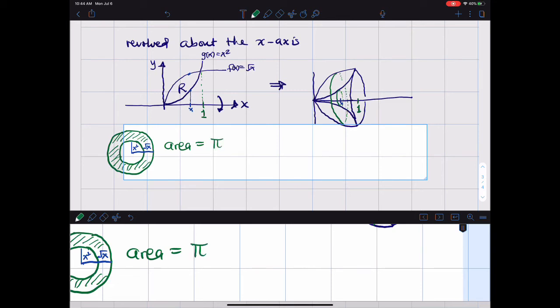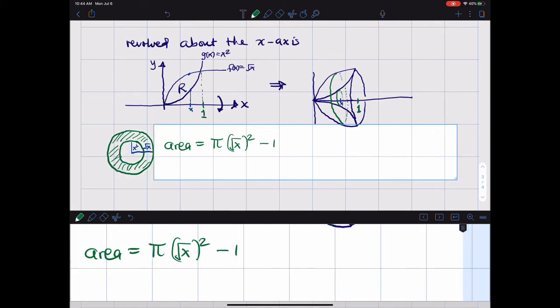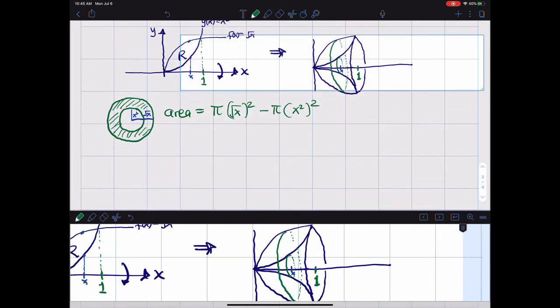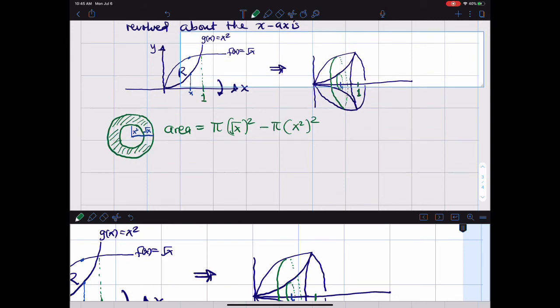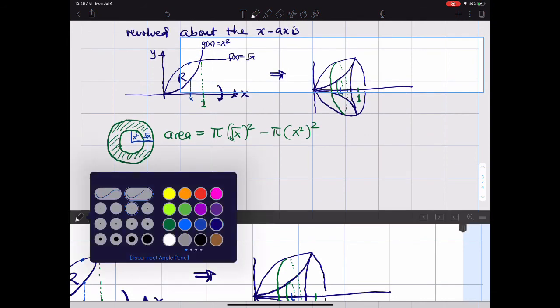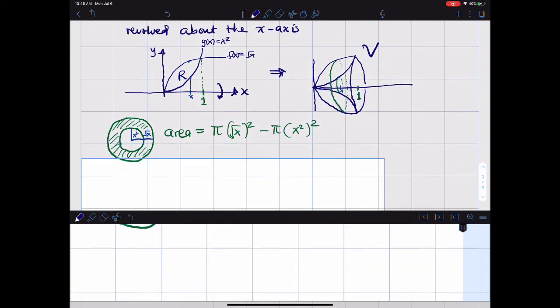Area of the larger circle is pi r squared, but the r here is square root of x, squared. The area of the bigger circle is pi r squared. The r is x squared, squared. And then we're looking for the volume of this solid figure.